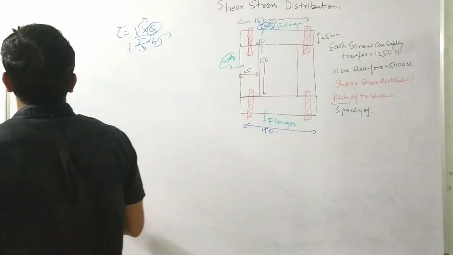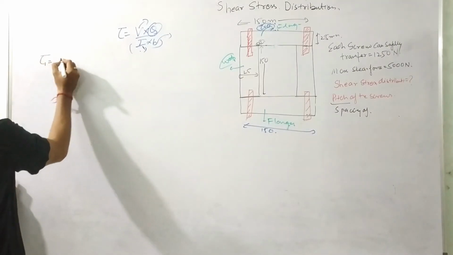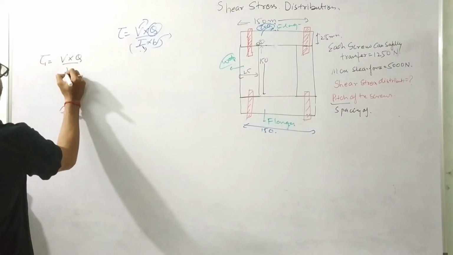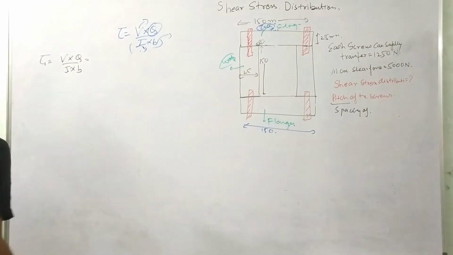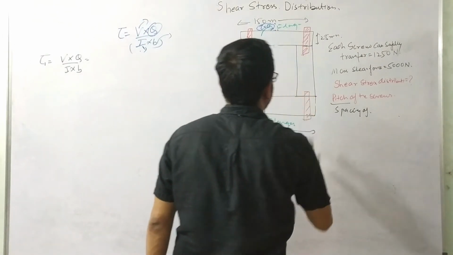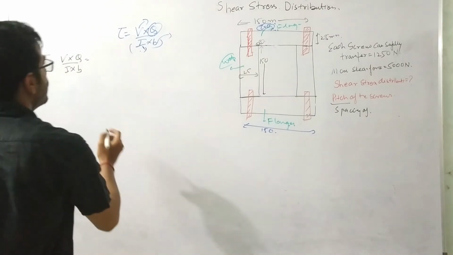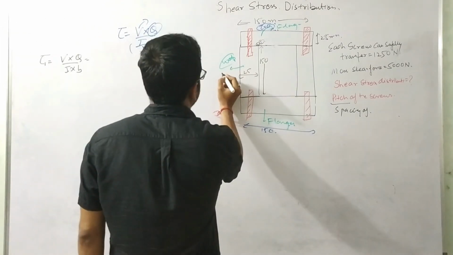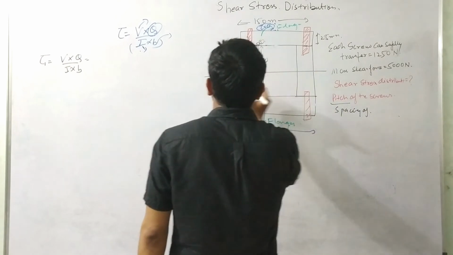So tau 1 will be V into Q over I into B. Before moving forward, I will calculate the moment of inertia of this cross section, right? So the neutral axis will be this.